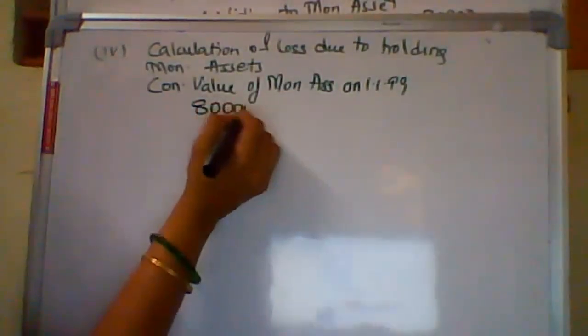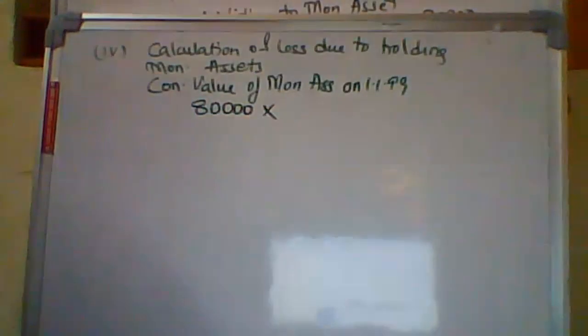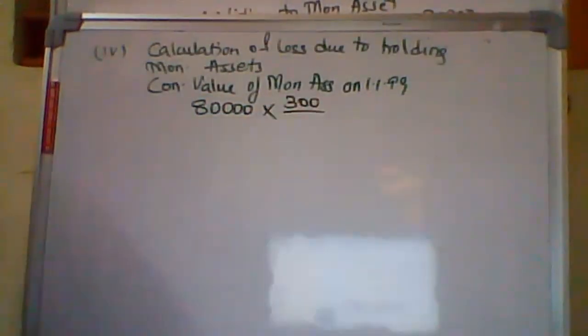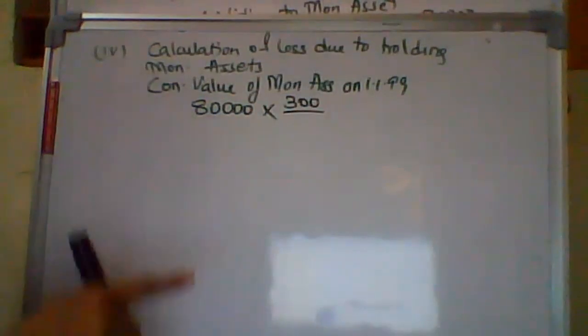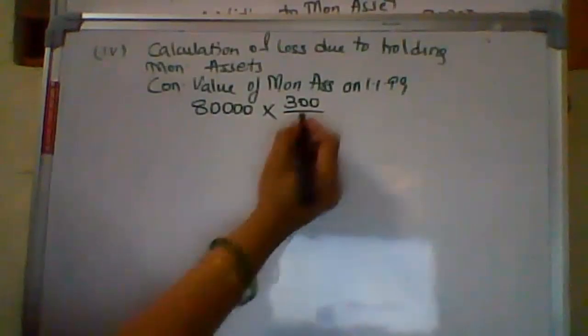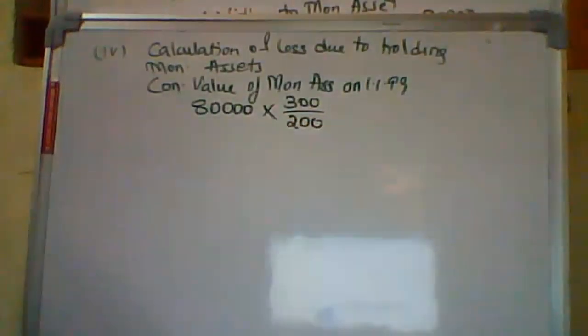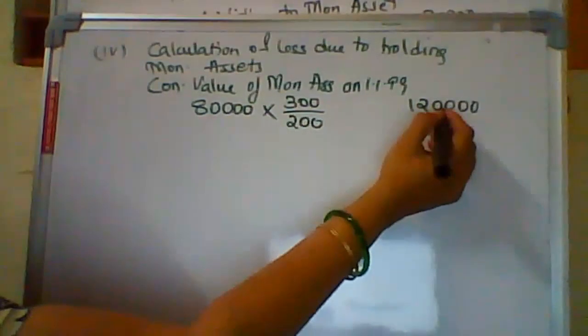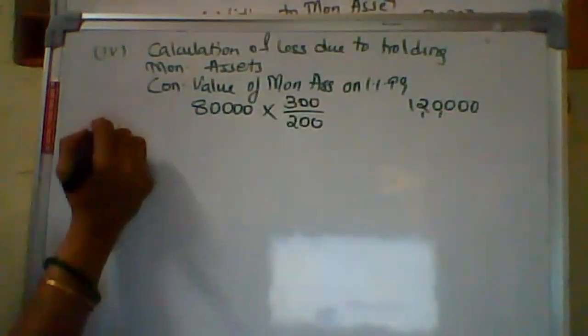Monetary assets historical value is 80,000 into current price index divided by price index in the previous, that is on the opening date, that is 200. So 80,000 into 300 divided by 200 gives you 1,20,000.